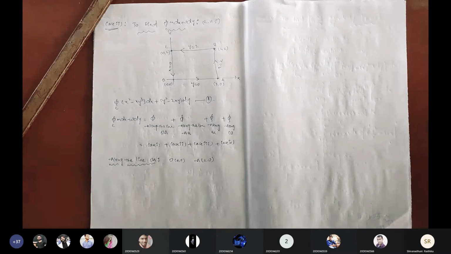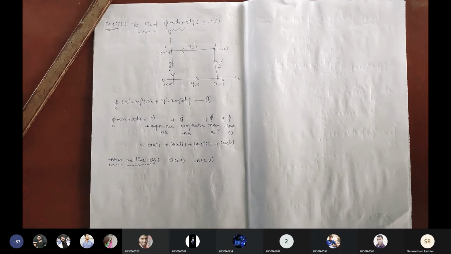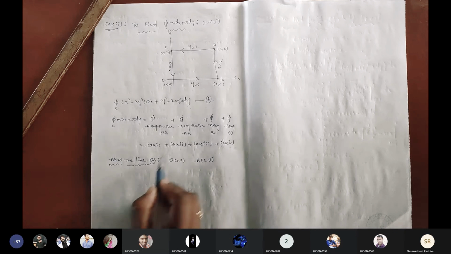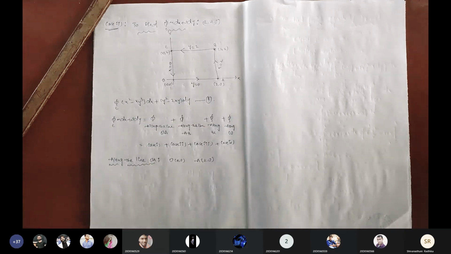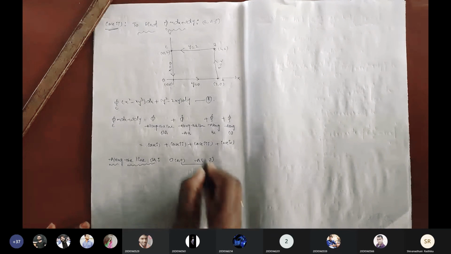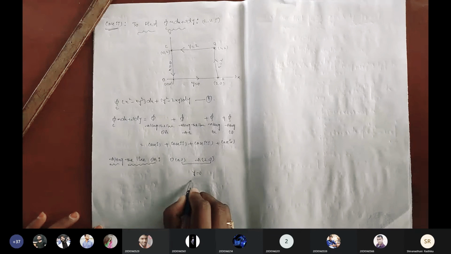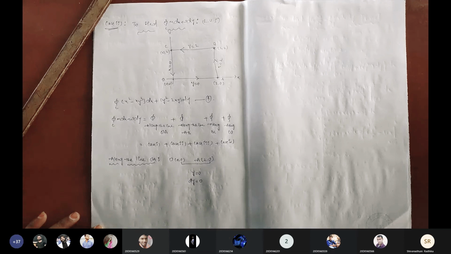Now see, the two y values are equal, so the curve, the line, is y equals 0. Along the line OA, y equals 0. Immediately we differentiate: dy equals 0. Now the two different values of the one variable, those are the limits.